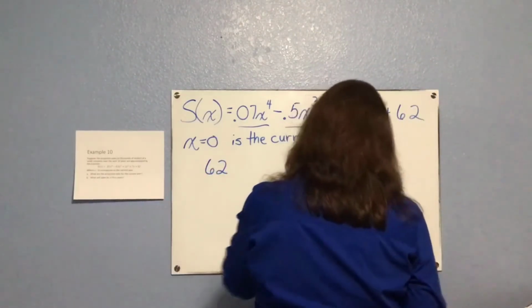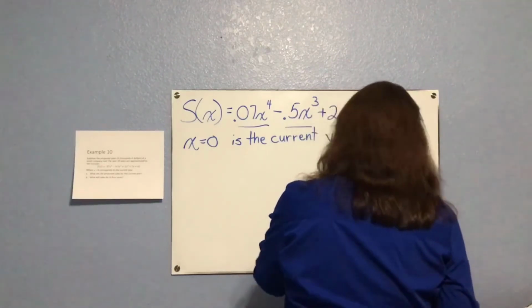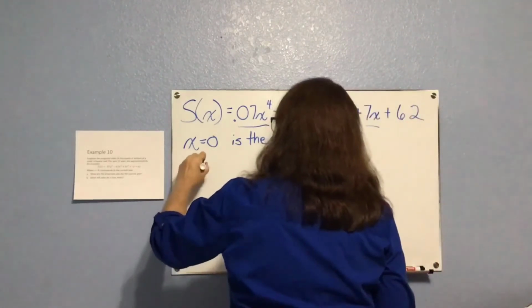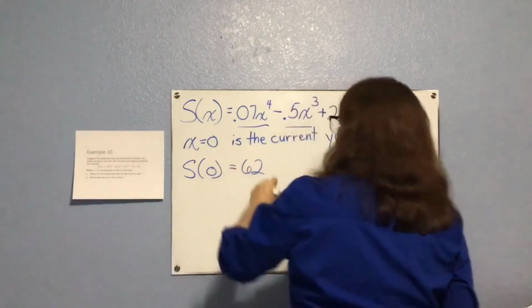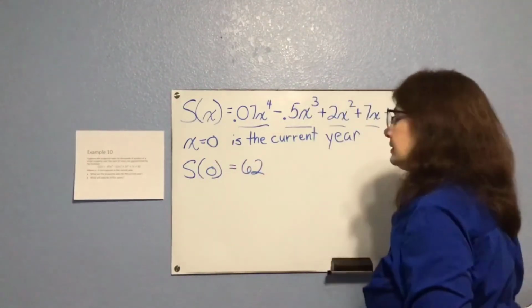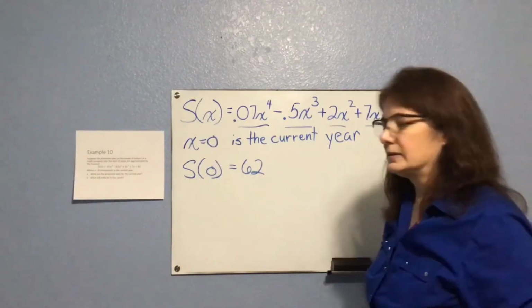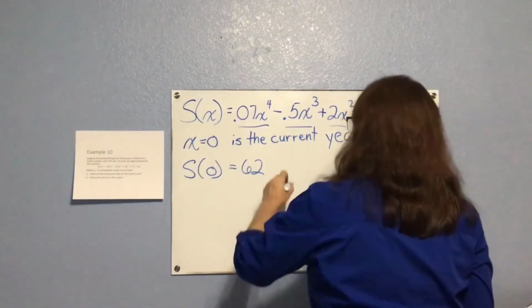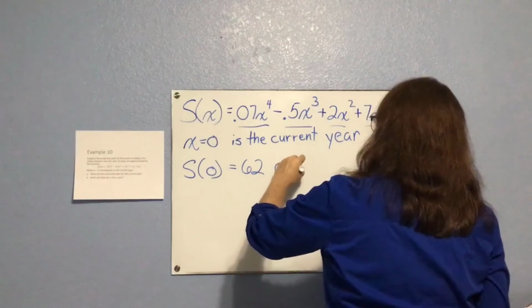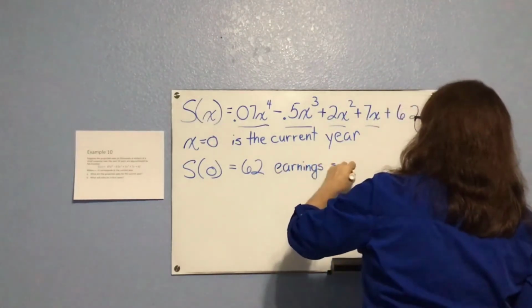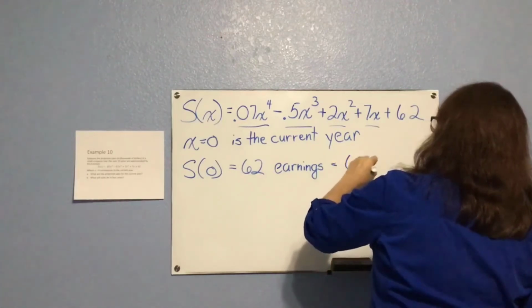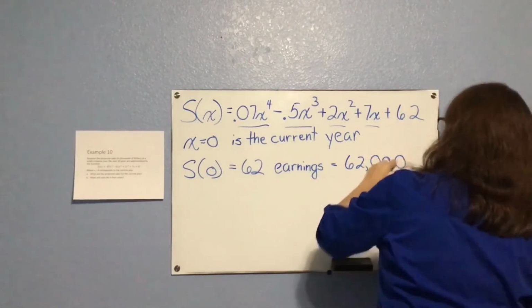So S of 0 is 62. Now recall that they told us that this was in thousands of dollars. So the earnings projected would be $62,000.